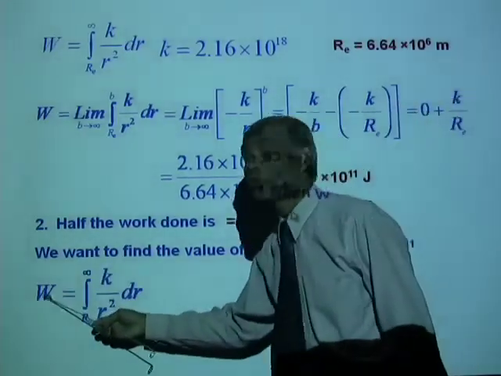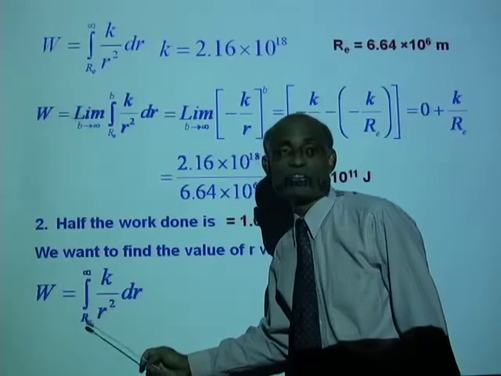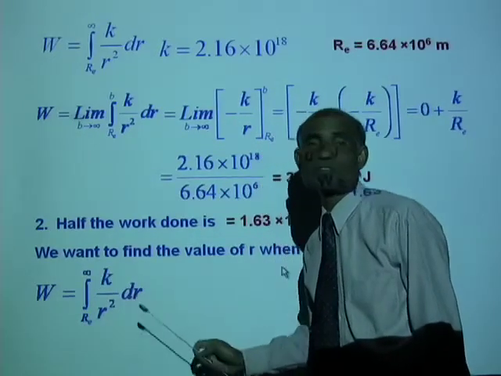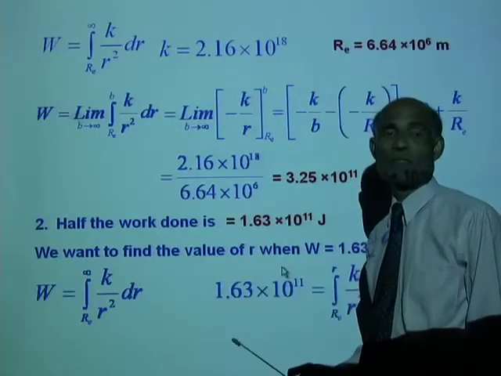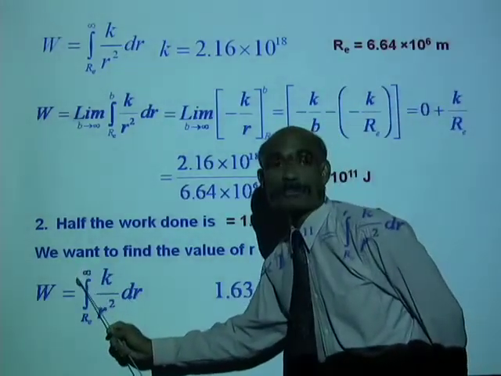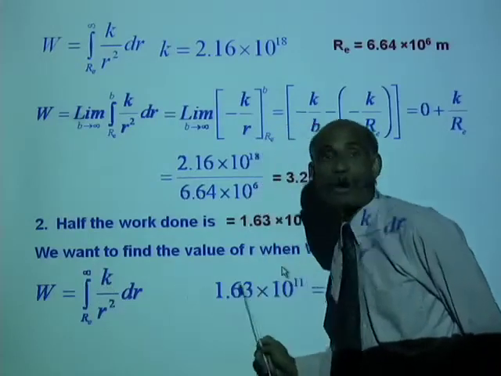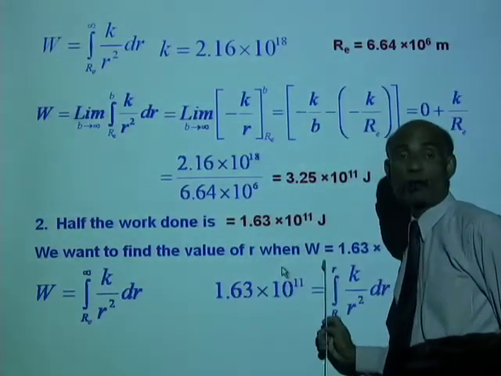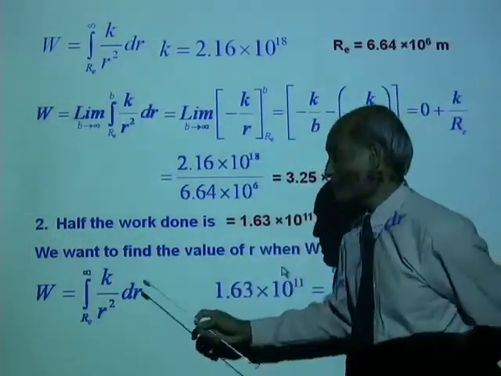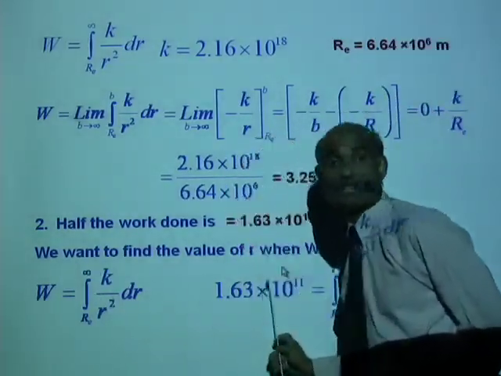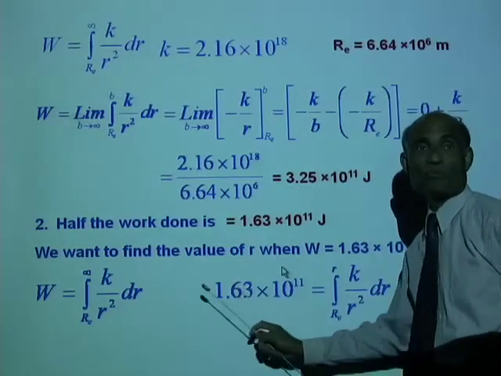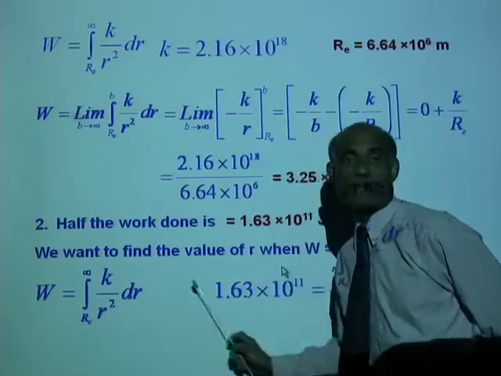And you know, work done equals the integral RE to infinity K over R squared dr. And here we are not going up to infinity. We are only going up to r, up to the altitude which we need to find. So we will replace that infinity by r.